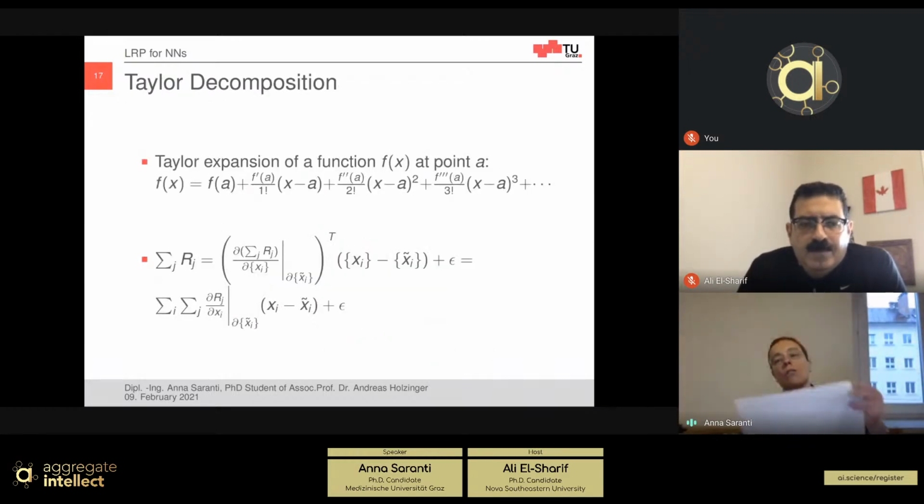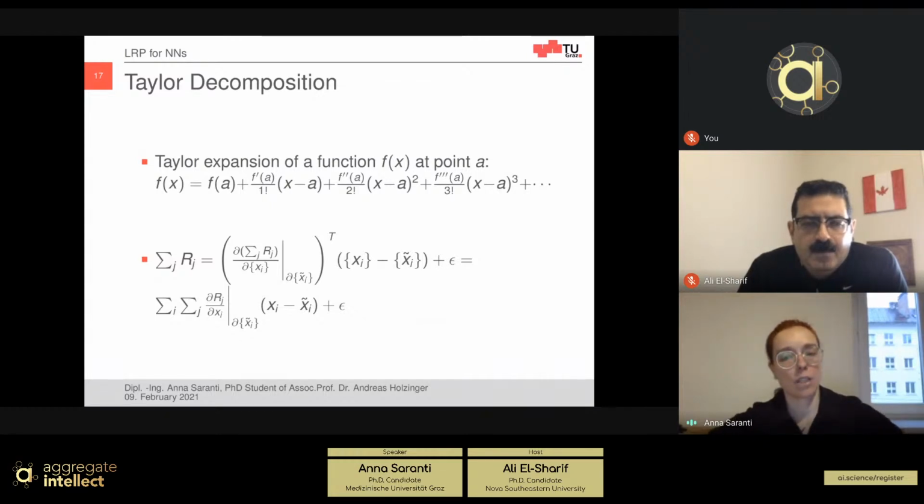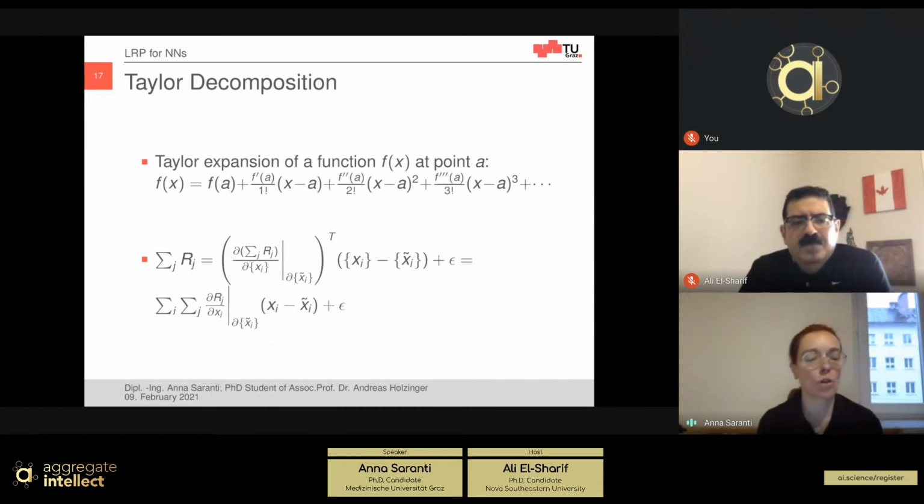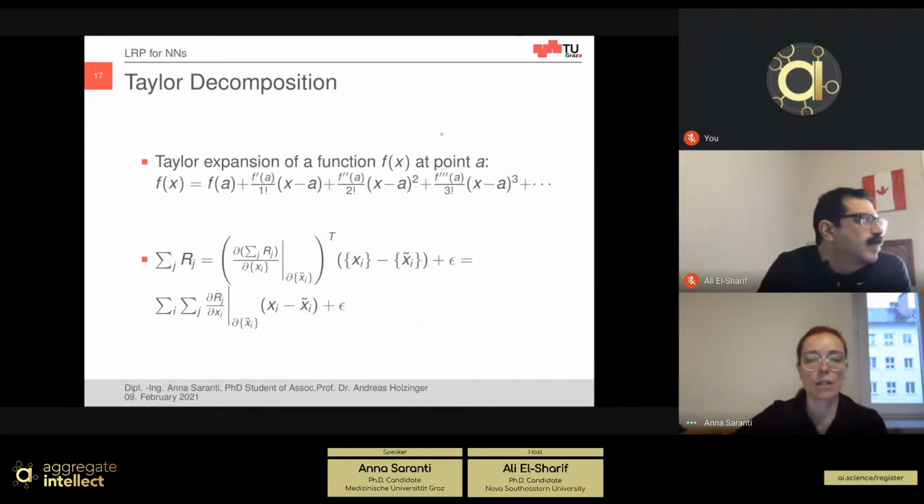LRP is based on something that we learn in university: Taylor expansion. Let's repeat that. The Taylor expansion of a particular function f of x at a point a is expressed by the following equation.